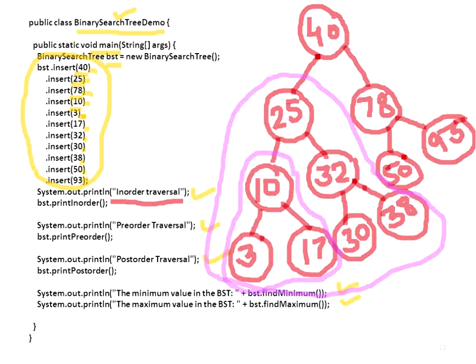So first of all, 3 will be printed. Yes, very good. So first 3 is printed, then 10, then 17, then 25. And then we will move towards right. So in this right, 30, then 32, 38, and then after 38, how?